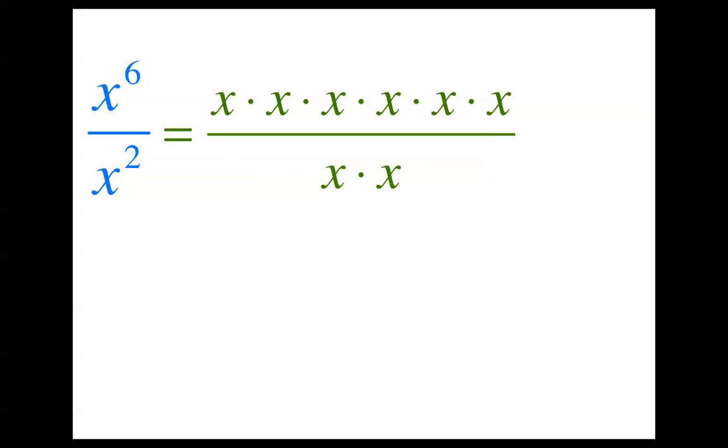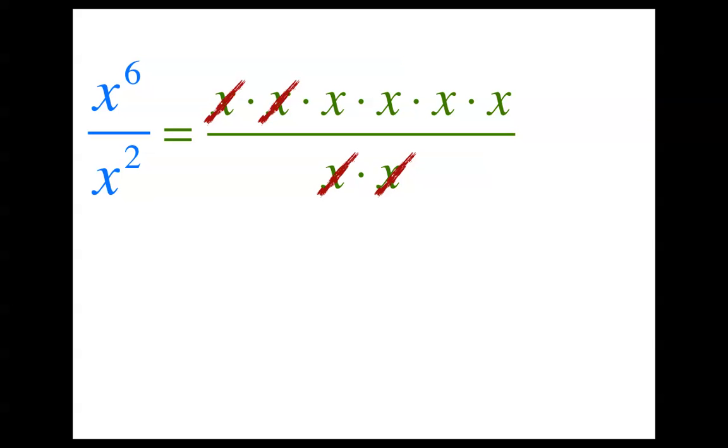So here's an example. What if you were trying to figure out how to simplify x to the 6th power divided by x squared? We know that x to the 6th power is x times x times x times x times x times x, and we know x squared is x times x. And now that we have written it out, expanded it out, what we can notice here is that you can simplify this fraction by crossing out common factors.